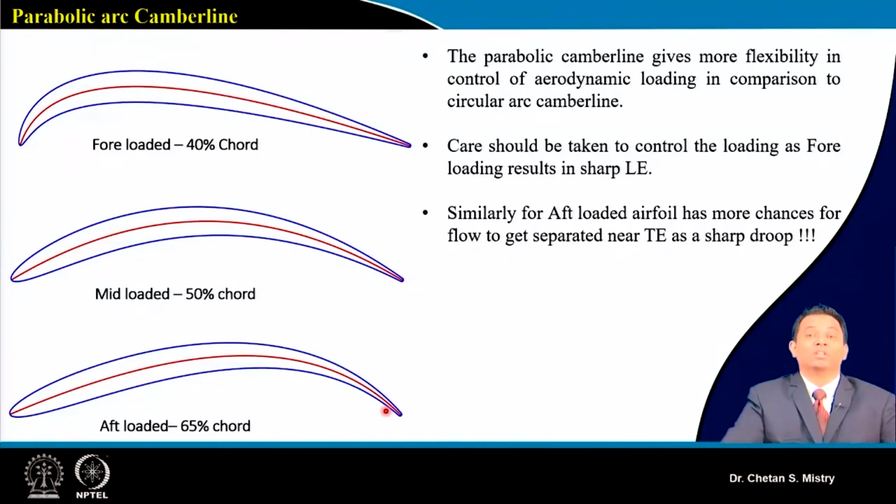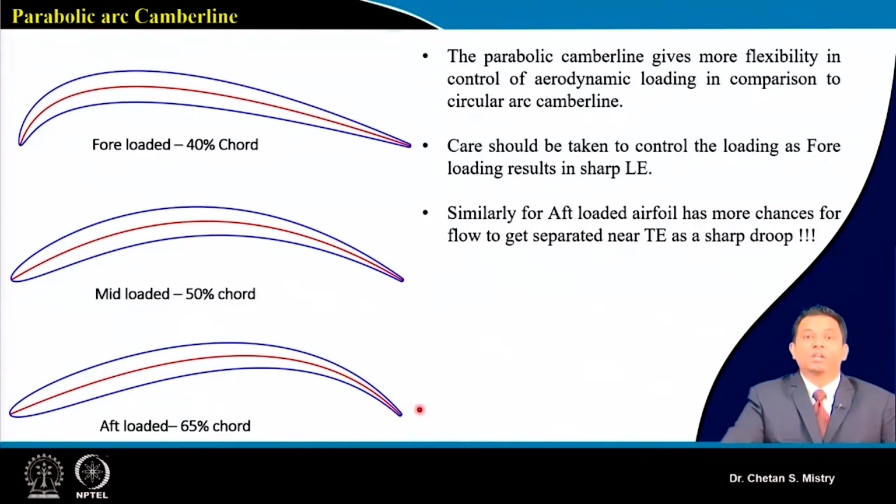So, just understand what we were discussing about the circular arc camber line, where our circular arc is not giving us any flexibility in the sense of changing the shape of my aerofoil. It is not giving any flexibility in changing the shape of my blade at a particular station.